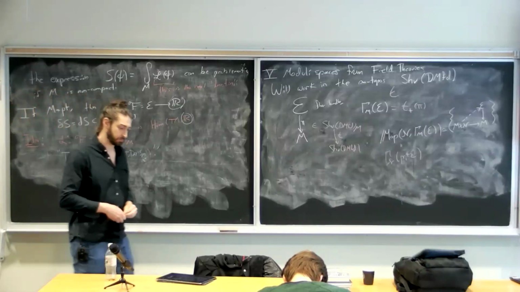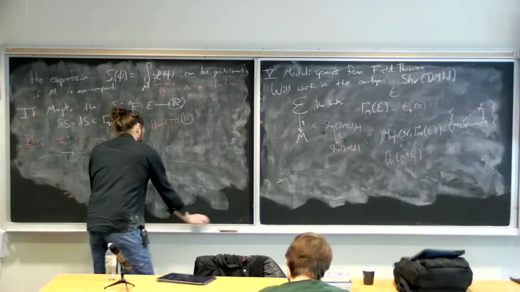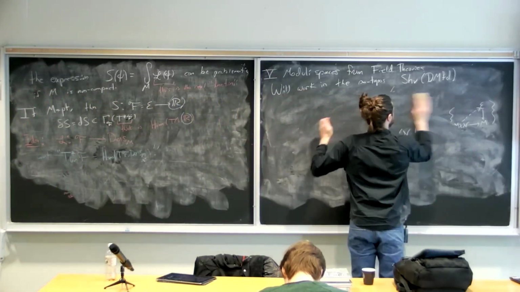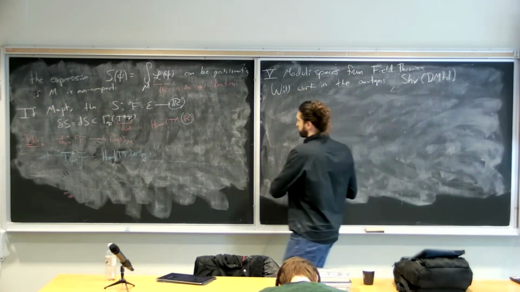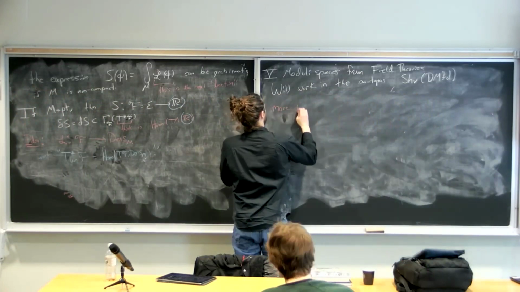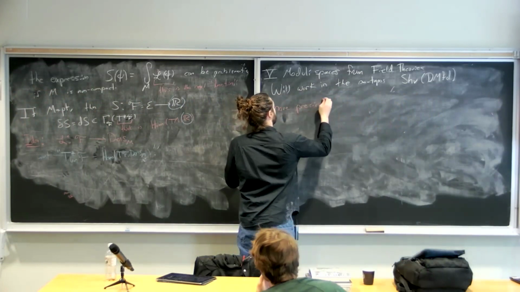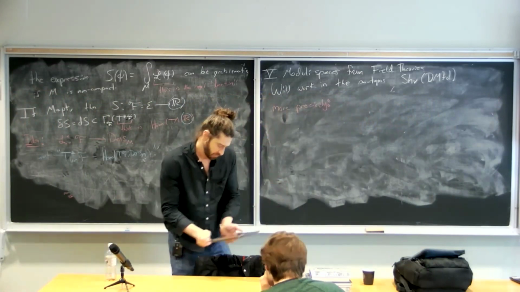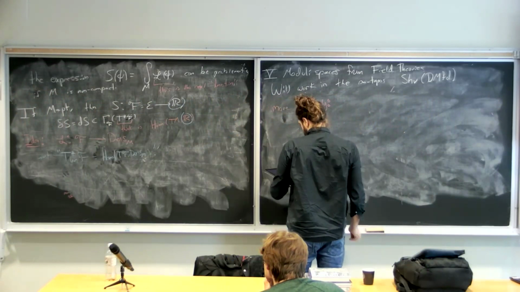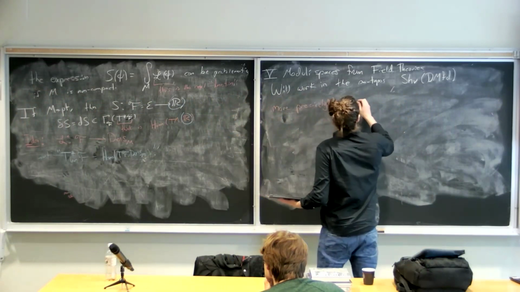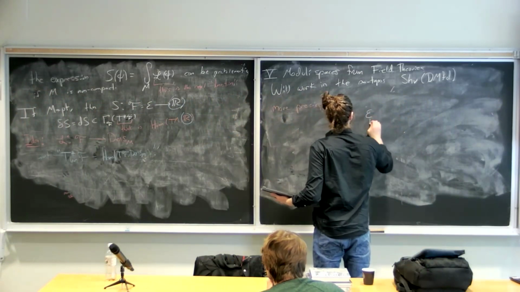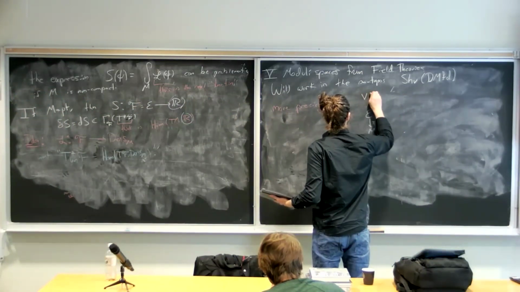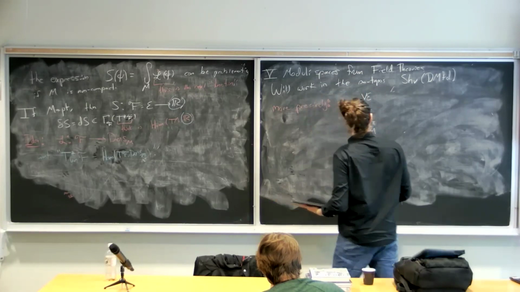So more precisely, we look at E over here, and then we have pi going down to M, and we have the vertical tangent bundle.